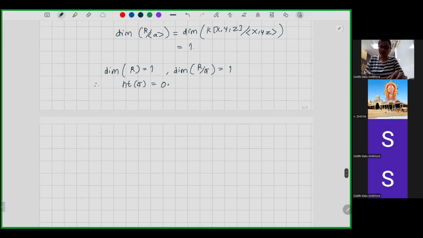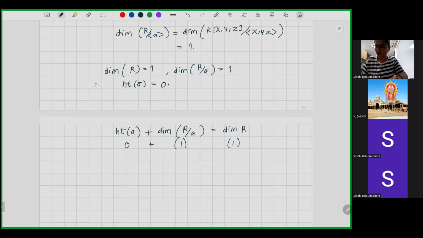Okay, because we know we reduce the problem to the height of A plus the dimension of R mod A is equal to the dimension of R, right? And we got there that the height of A is 0, because here we have the dimension of R mod A to be 1 and the dimension of R to be 1.